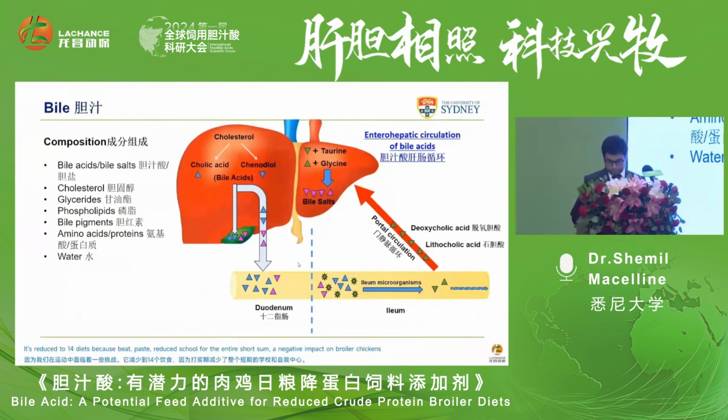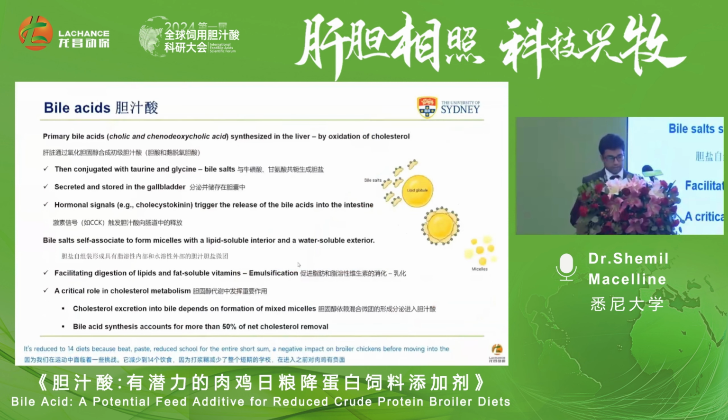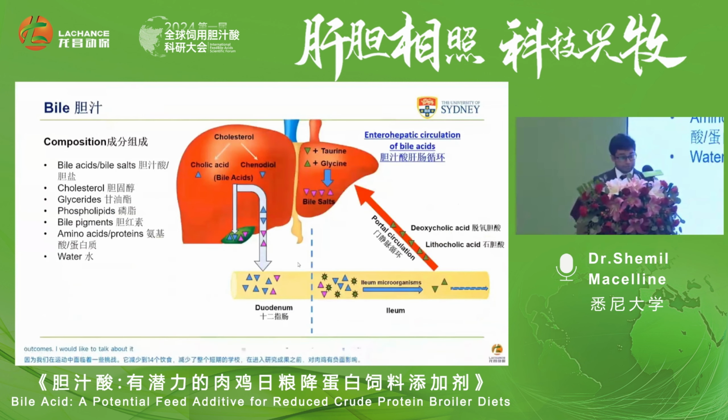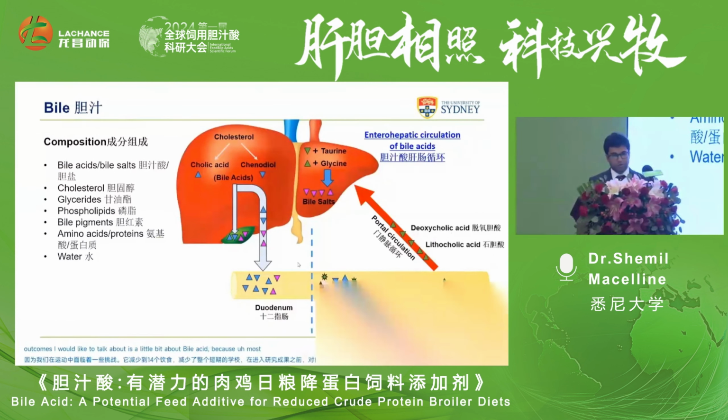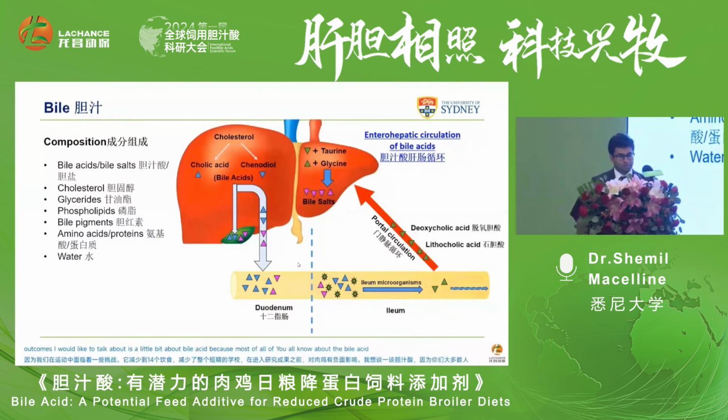Before moving into the research outcomes, I would like to talk a little bit about bile acids, because most of you already know about bile acids, but I would like to start with a little introduction about bile, bile acids and bile salts. Bile is synthesized in the liver and stored and concentrated in the gallbladder.